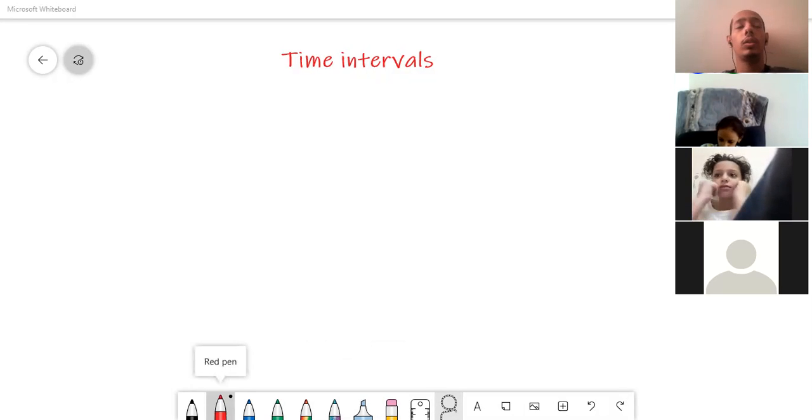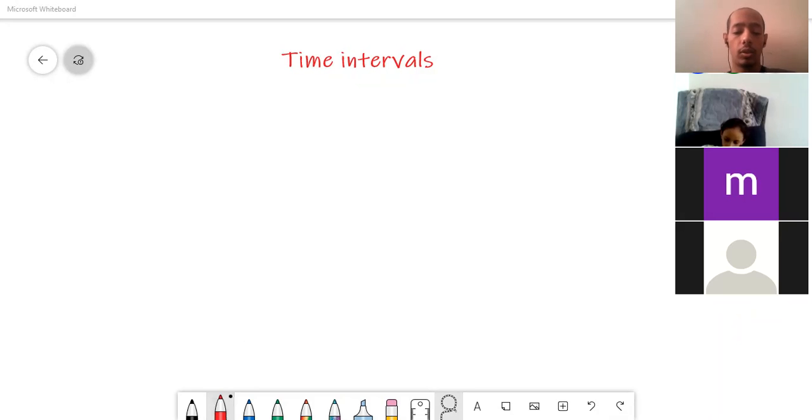We already learned how to convert between the 24-hour clock and the 12-hour clock, and we already started talking about the time intervals in the meeting before last one, and we have said that when we talk about time intervals, this means we are gonna calculate the time duration between two events or the beginning and the end of an event. So let's get started with some more examples about this topic.